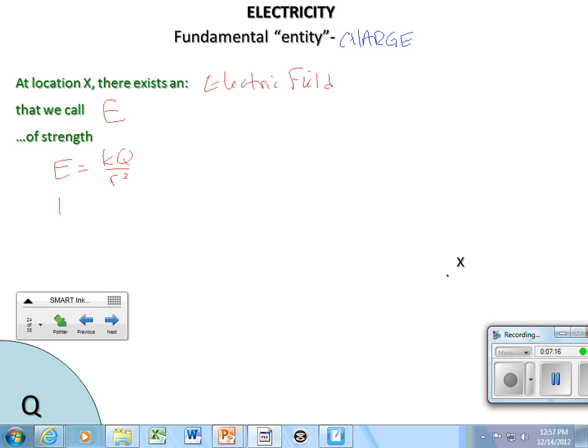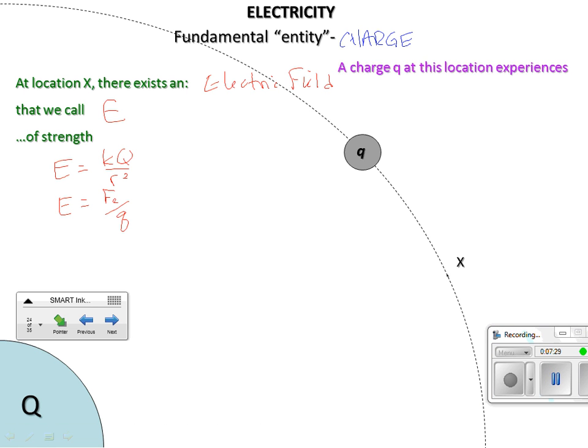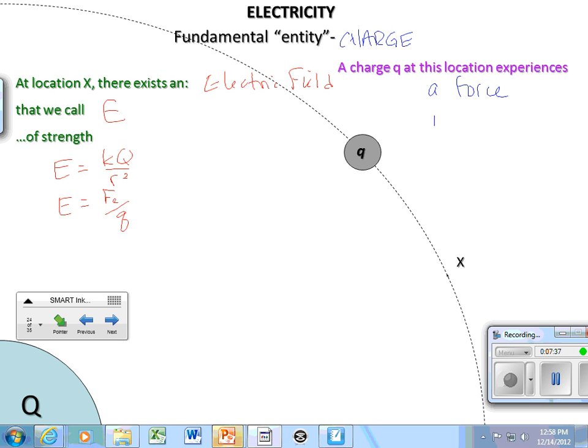Or we also know we can write it as FE per Q. Okay, so therefore, if we put a charge at that location, that charge experiences a force that we call K big Q little q over R squared, just like Q times E.